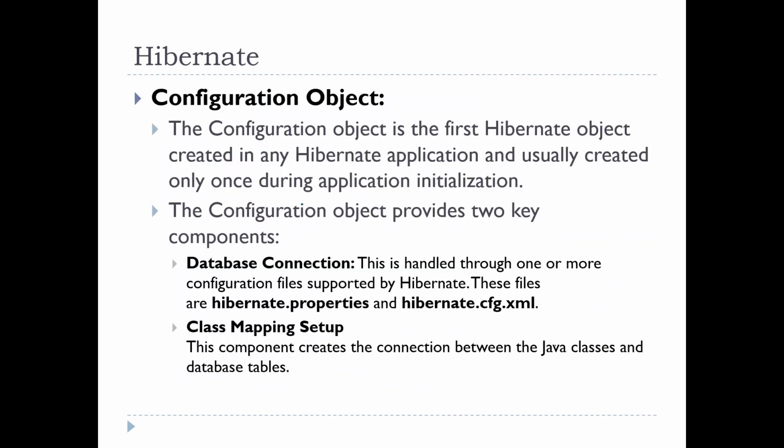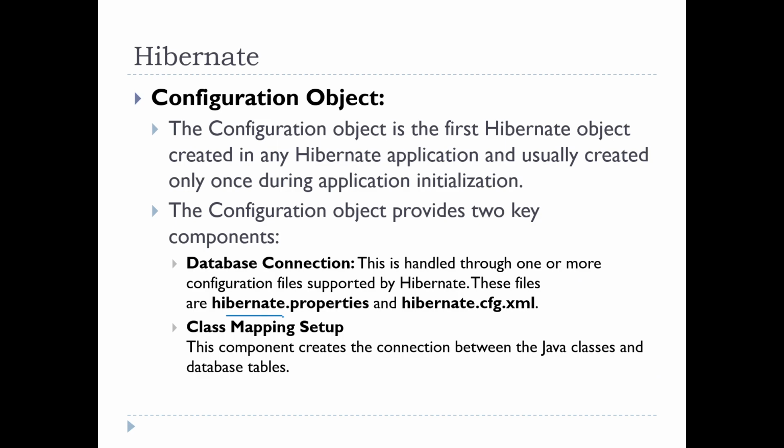So the configuration object is the first object that we create in Hibernate, and it is created in any Hibernate application only once. So when we are initializing the application, it will be created at that time, and the configuration will provide two key components. So one component is the database connection, and the other is the mapping of the classes to the database tables. So the database connection can be handled through the configuration files.